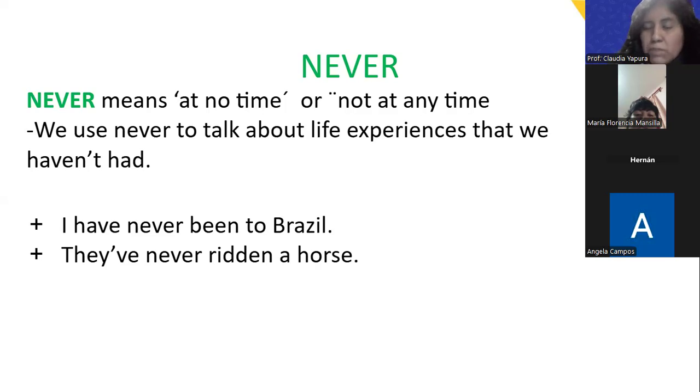I have never eaten sushi, or I have never ridden a horse, for example. So in that case, things that you didn't do. And in this case, because you say never, you're going to make an affirmative sentence.